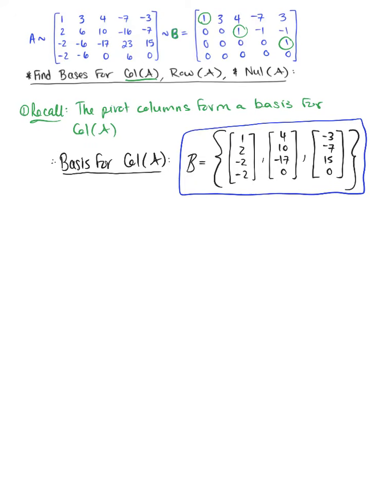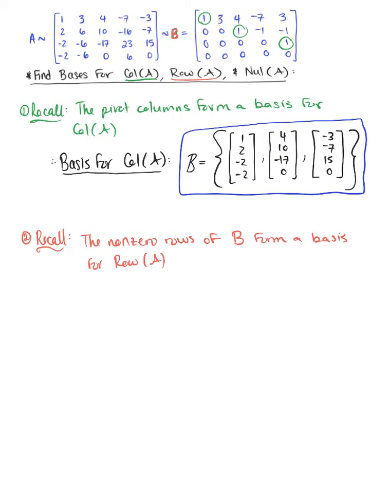So now let's think about the row space of matrix A. Again, let's begin by recalling that the non-zero rows of the matrix in echelon form, aka matrix B, form a basis for the row space of matrix A. So again, looking at matrix B, the echelon form, we see that row 1, row 2, and row 3 are the non-zero rows.